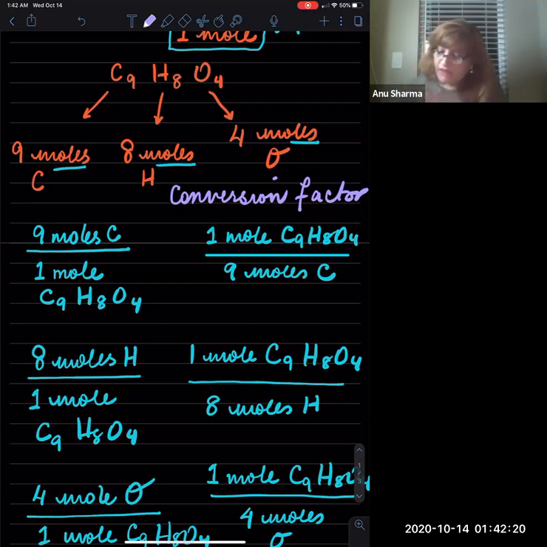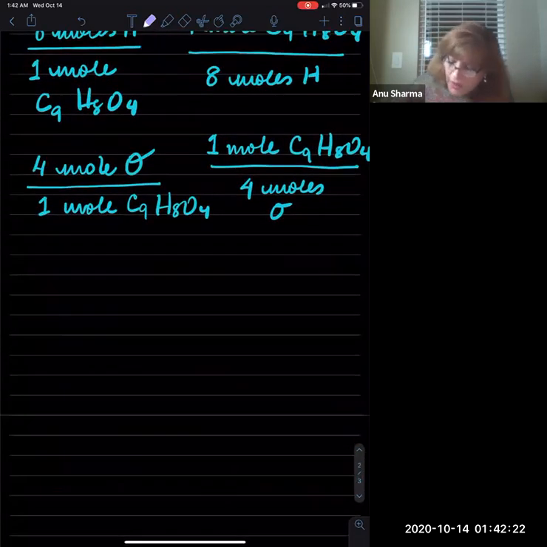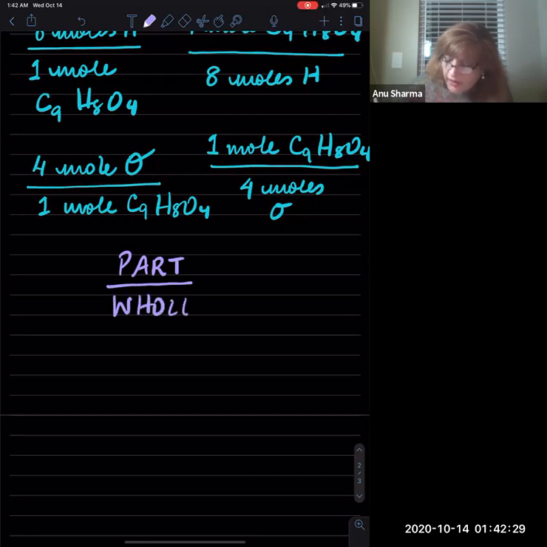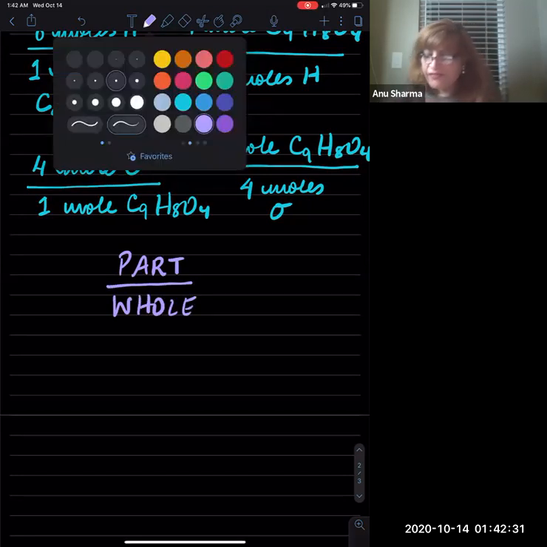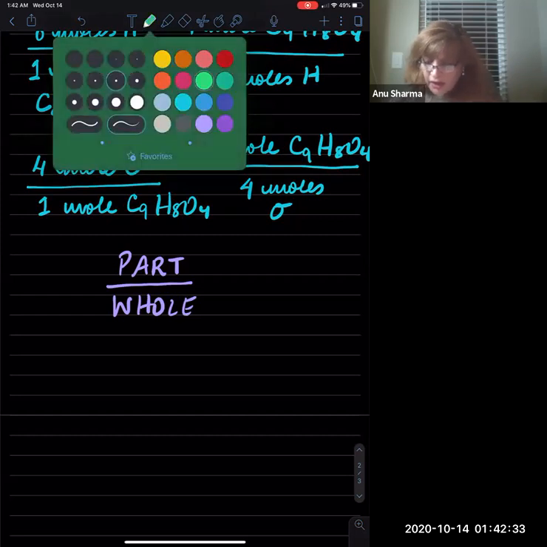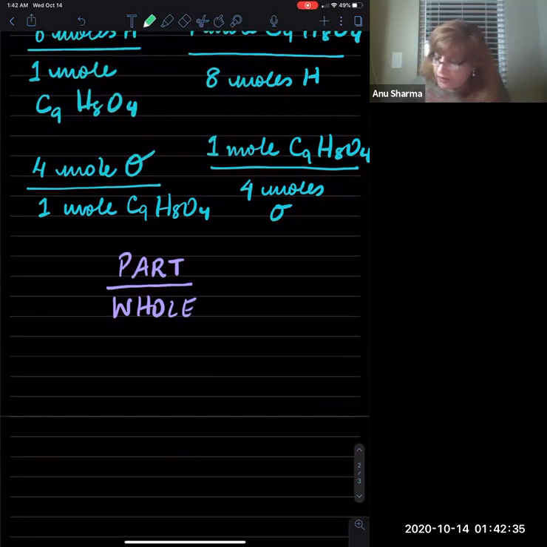Now, the thing sometimes students get confused about is how come there are 9 moles and 8 moles, and so you just have to look at it as parts to whole. Parts to whole. Let us say you have a bag, right?